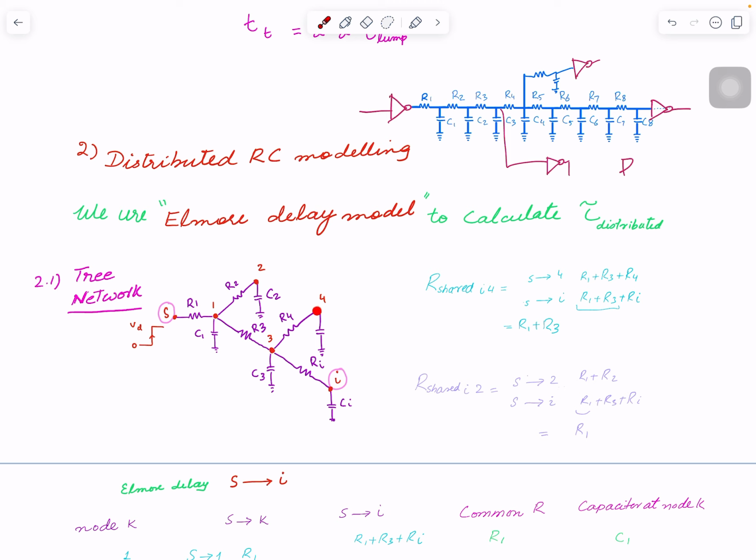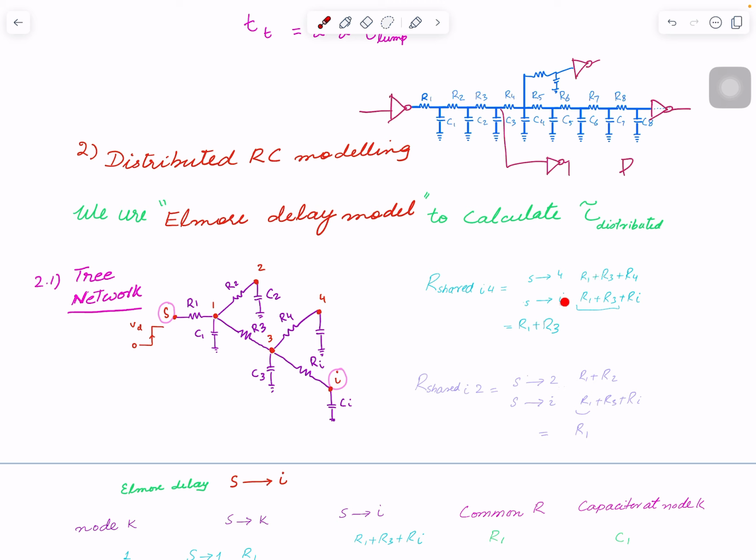You go from source to node 4 and source to node i, and look at what the common resistances are between the two. So R1, R3, R4, and R1, R3, Ri. Source to node 4, these are the resistances, and you just add them up.